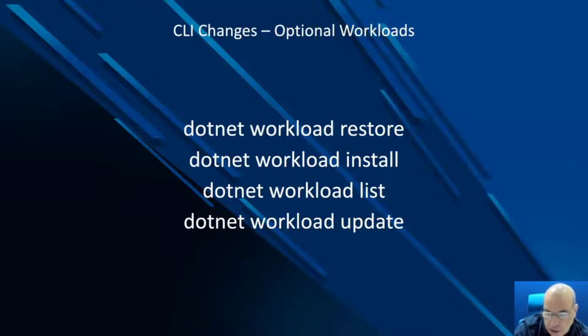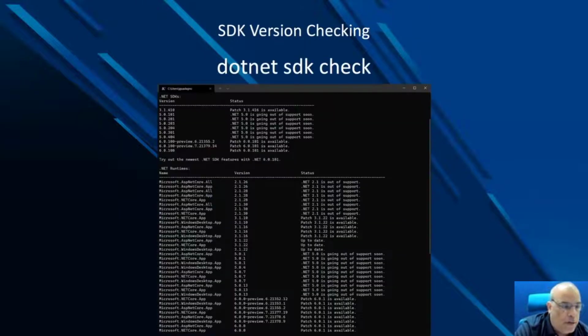One of my favorite changes in here is the new SDK check. If you do .NET SDK check, you see on the screen a list. This is a screenshot from my desktop. At the time of creating this slide deck, I had 12-ish or so versions of .NET SDK, which you had the ability to see before, but the difference is now you get more messaging.